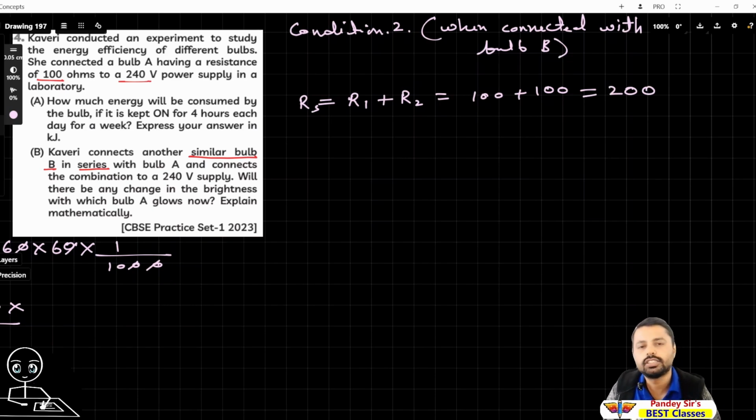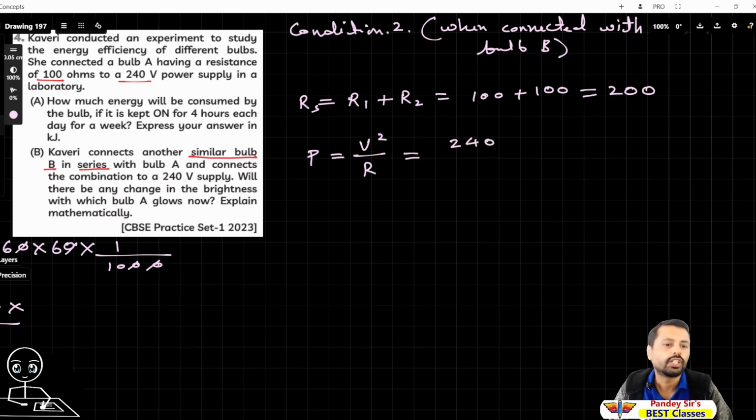So again, let's find the power. P equal to V square by R. So 240 into 240, that's the value of V square, by 200, again zeros cancel, and 24 square is 576.